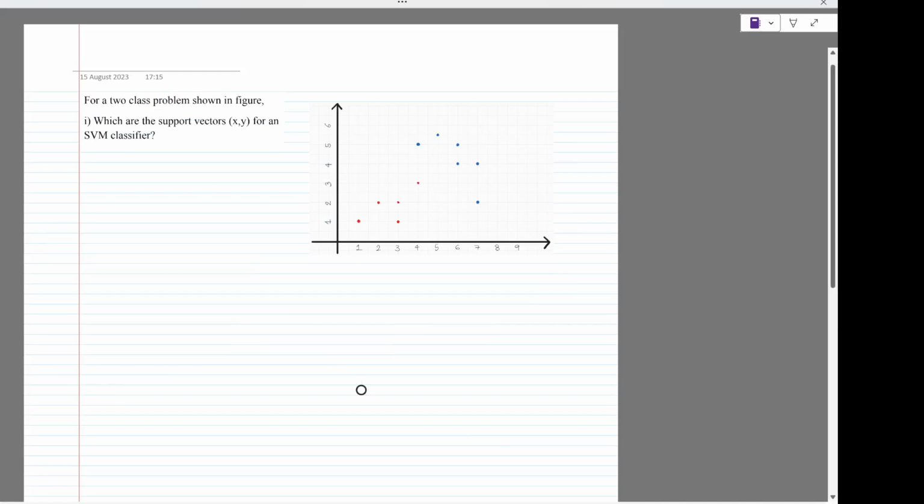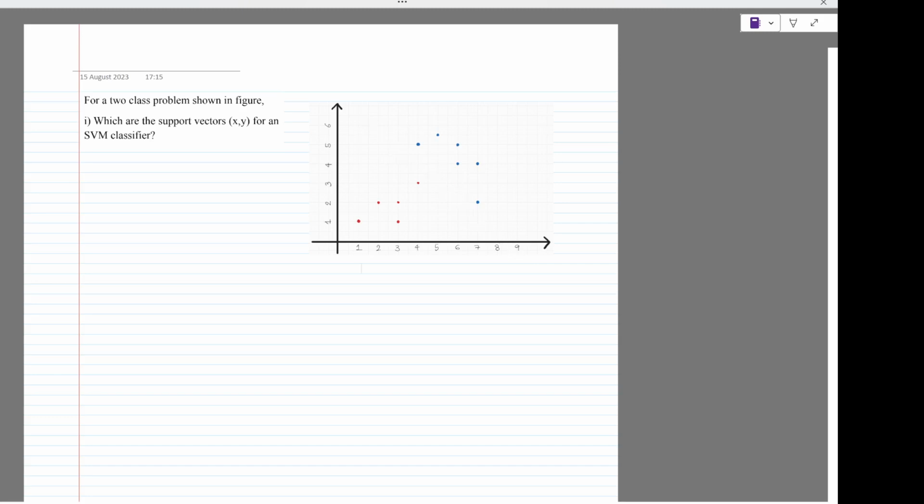For a two-class problem shown in the figure, which are the support vectors for an SVM classifier? So these are the two classes in blue and red. So this will be our decision boundary. I'm roughly drawing it.